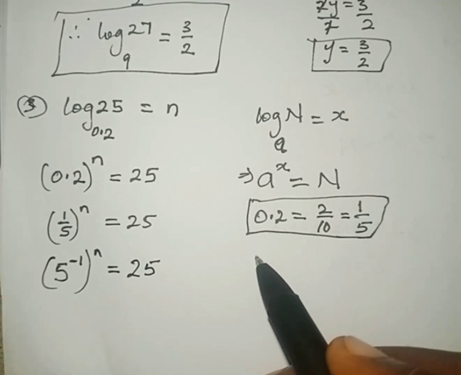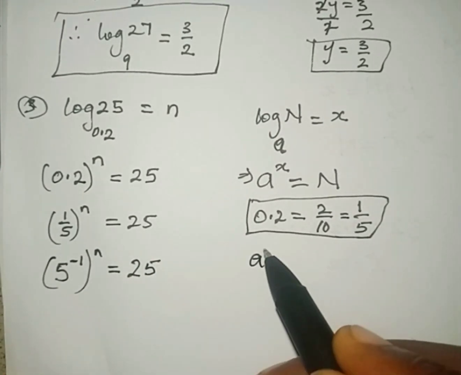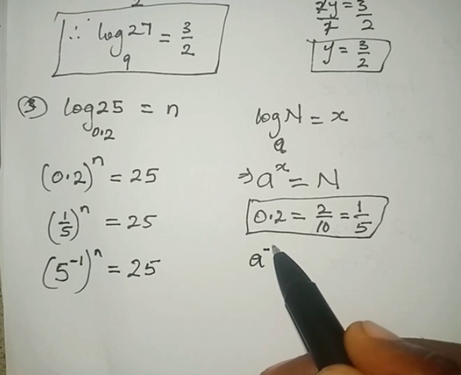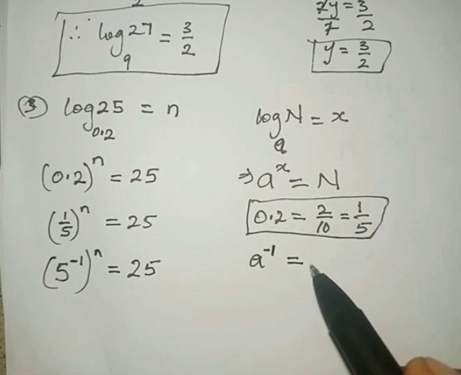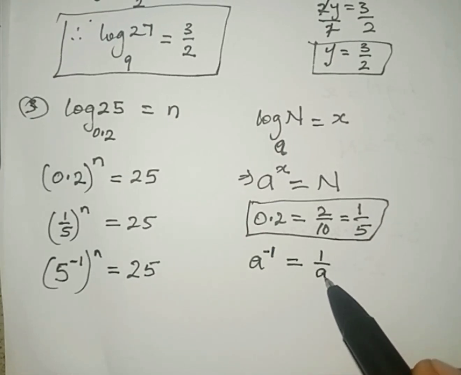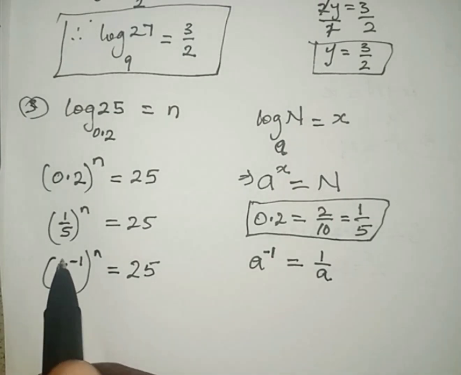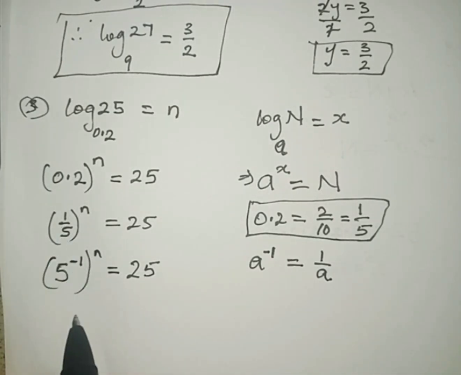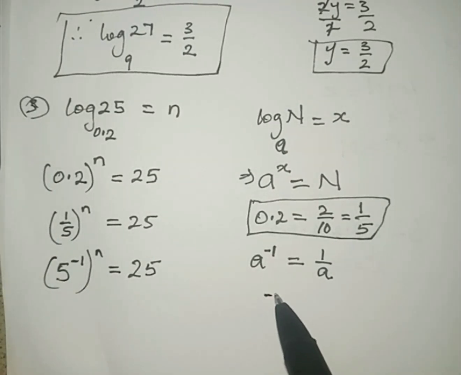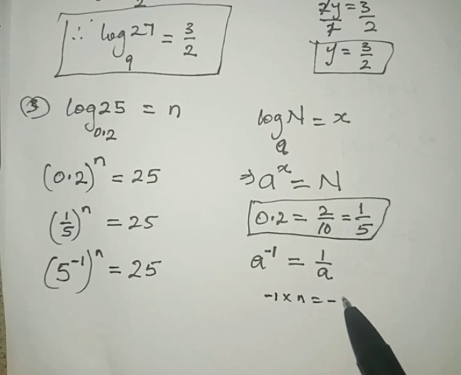Now the law of indices says if you have a raised to power minus 1, it is the same thing as saying 1 over a. So that is why 1 over 5 is 5 raised to power minus 1. Now remember, minus 1 times n gives us minus n.